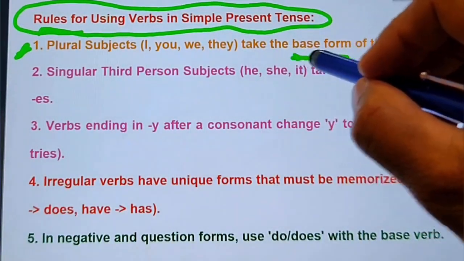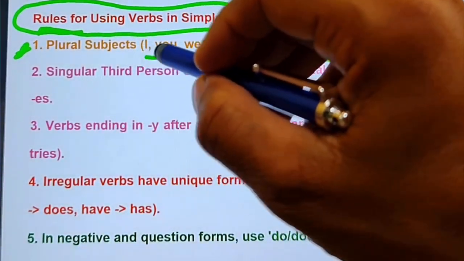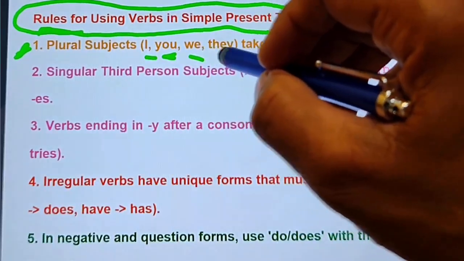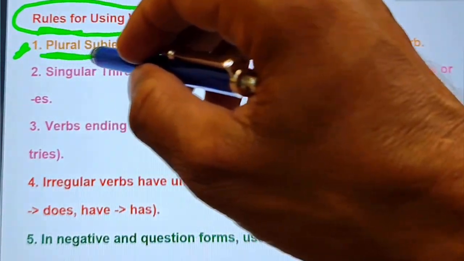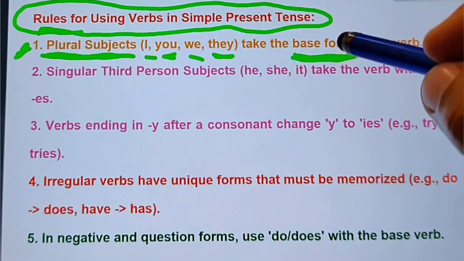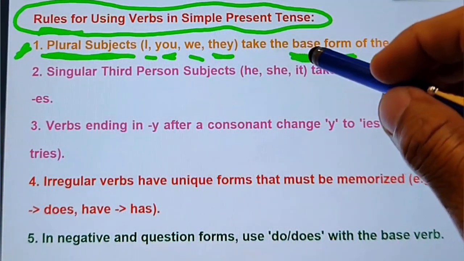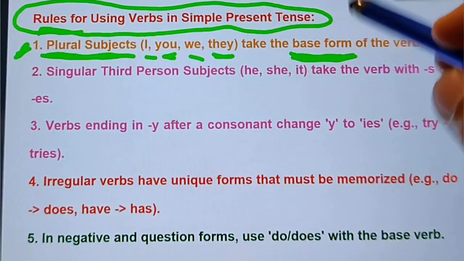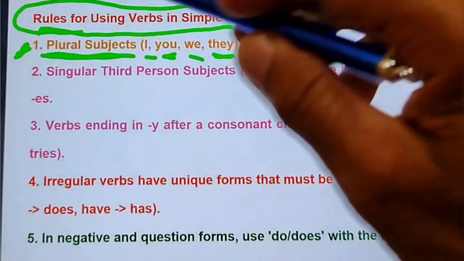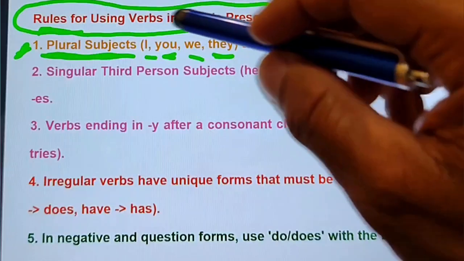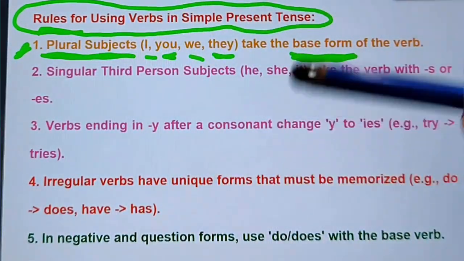This means plural subject. If we have a plural subject I, you, we, they, at that time we use the base form of the verb as it is, no change in the base form. With I, you, we and they, these are plural subjects.